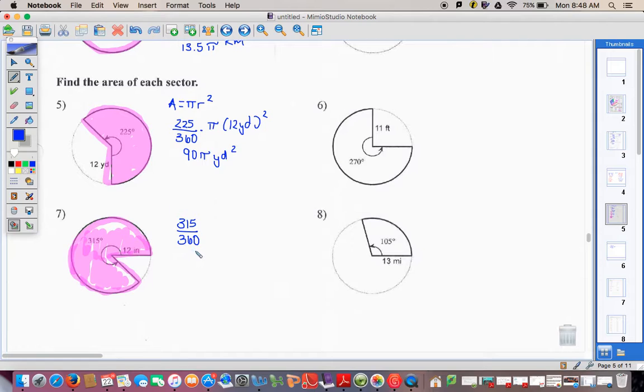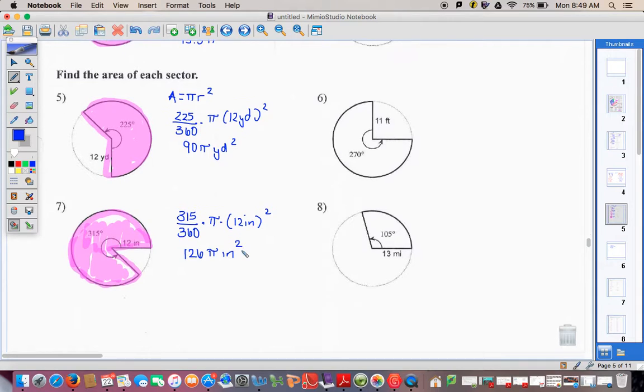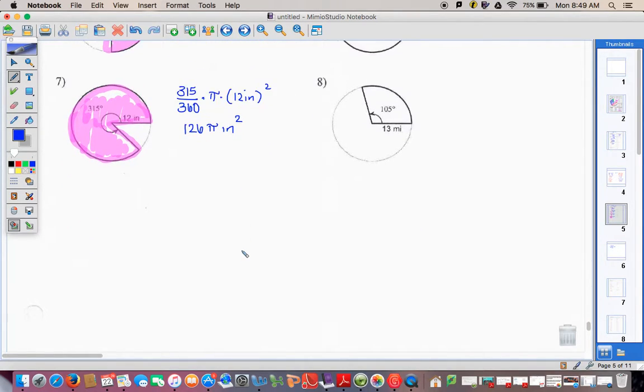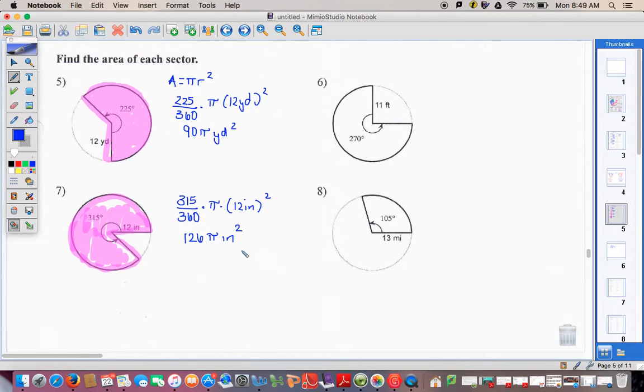So we've got 315 divided by 360 times pi times 12 inches squared. So 315 divided by 360 times 12 squared is equal to 126 pi inches squared. So that would be the answer here, and you can leave it like that.